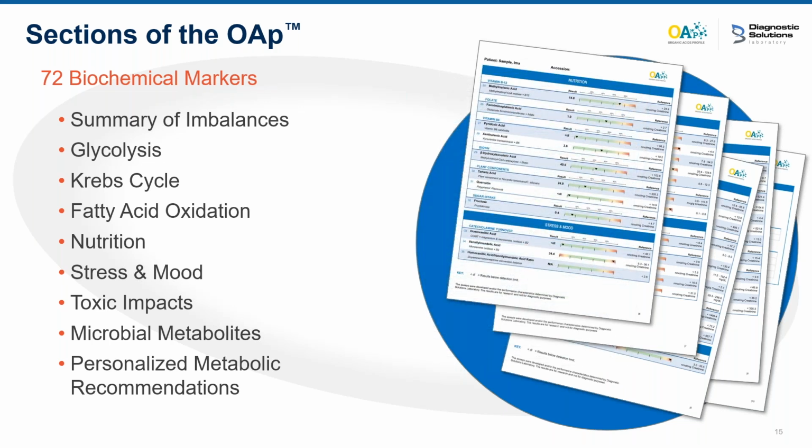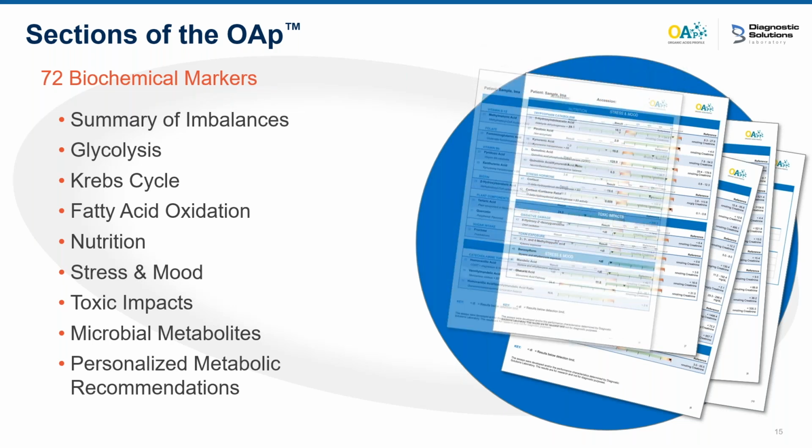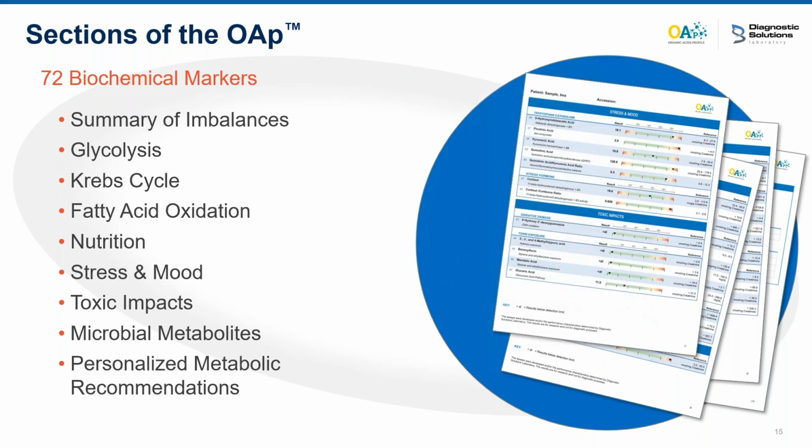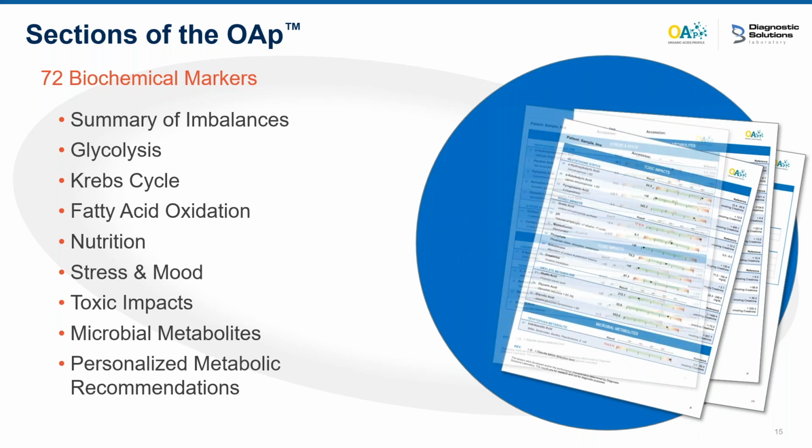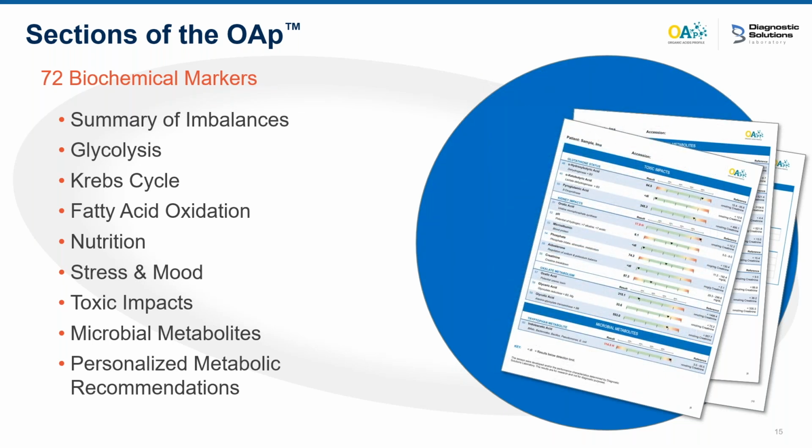We go into nutritional markers like B12 and folate and biotin, B vitamins and lipoic acid. We look at markers of stress and mood like cortisol and neurotransmitters. We have toxic impacts, so we're looking for toxic exposures.